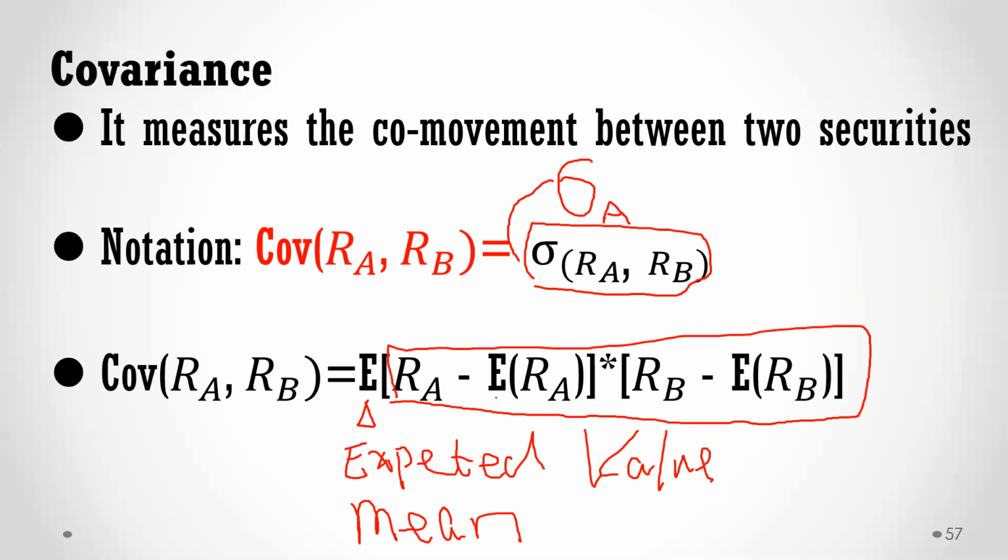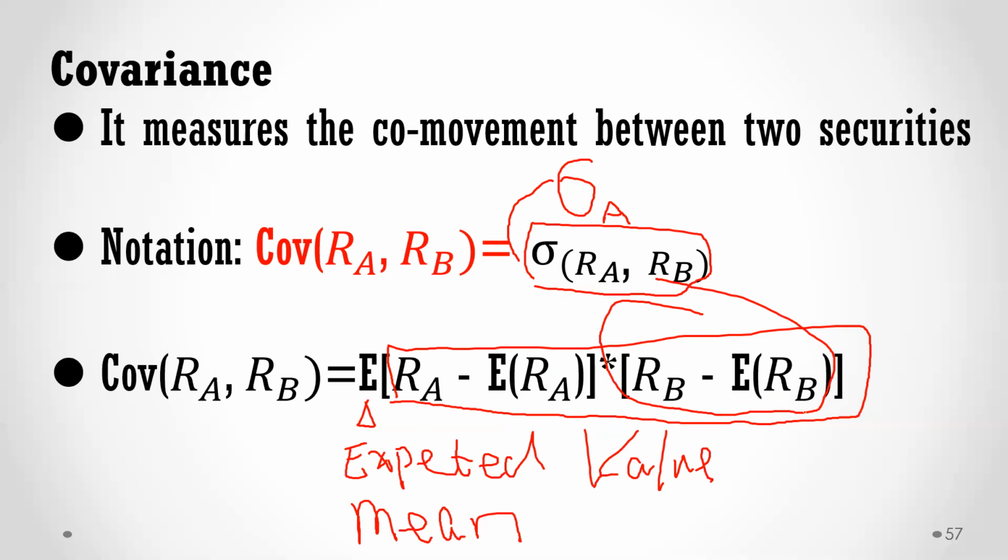This is the product of deviation. As you can see, RA subtract the expected value of RA is trying to capture the deviation of RA, and this part is trying to capture the deviation of RB, because this is the return subtract the expected return of RB.